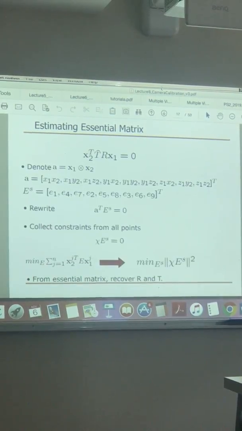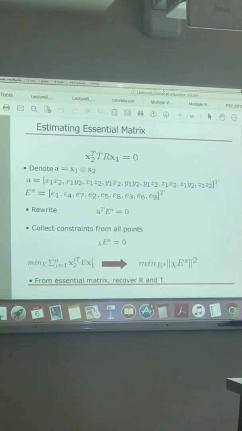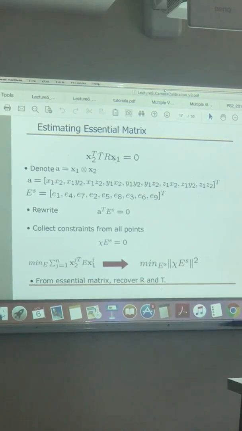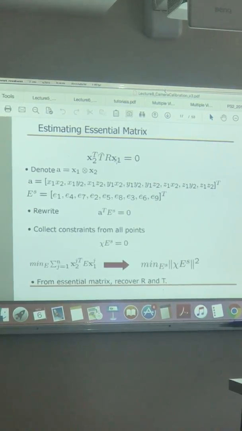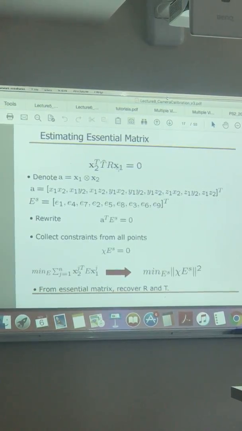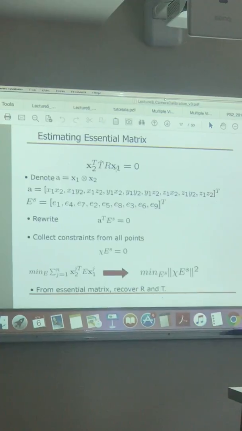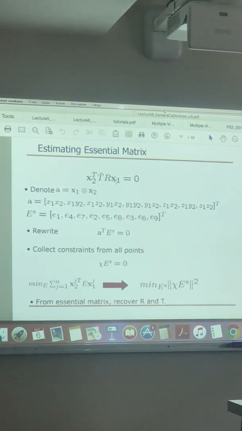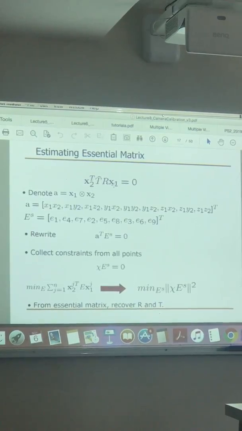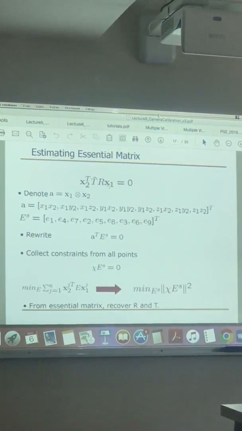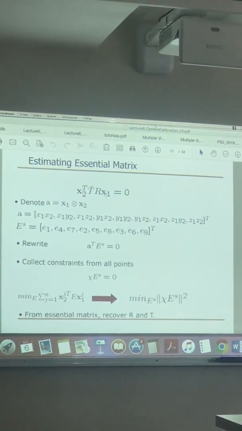And if you have an equation like this, all the details are shown here and also in the reference slides. You don't need to know SVD, you don't need to know all the details, but you need to know the steps. We have this, for example, T times R matrix over there, okay?